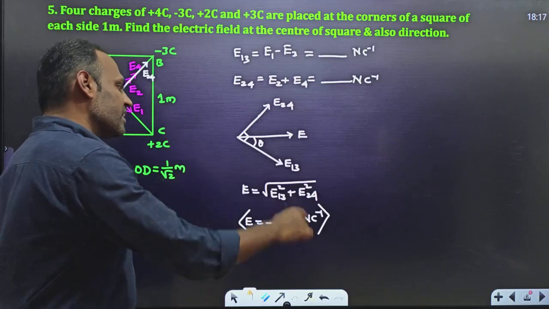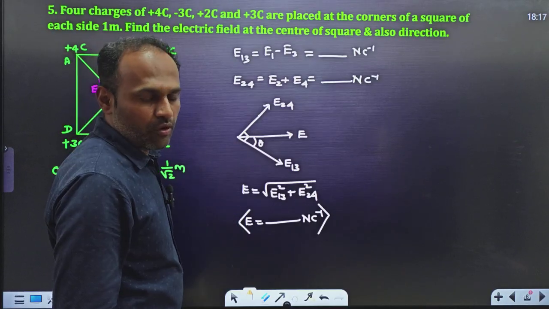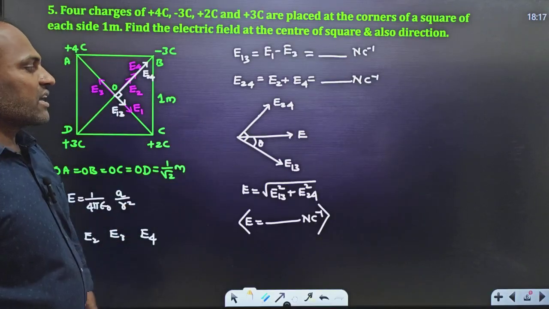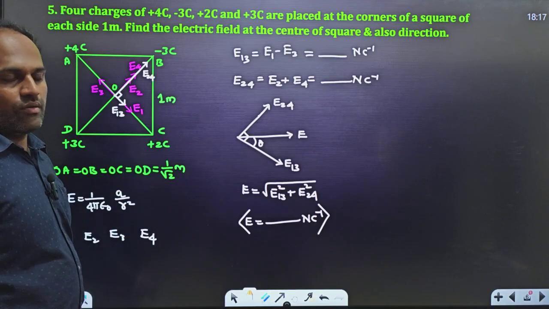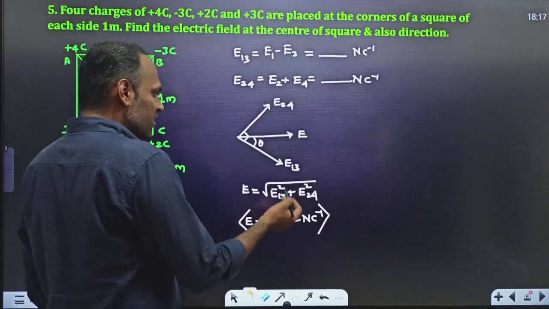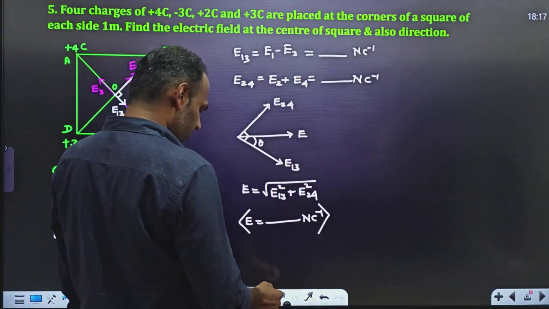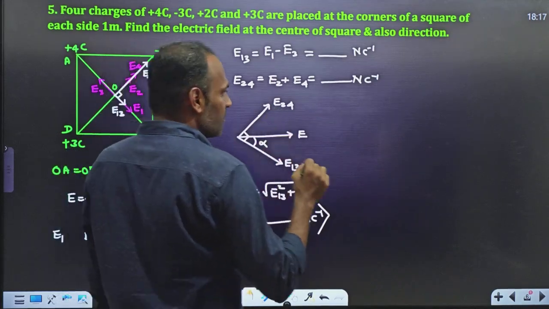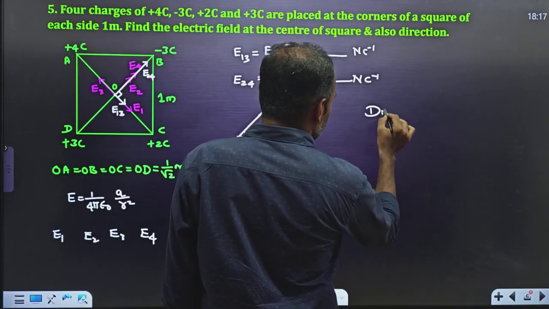Correct? So after taking this angle, apply the formula. Or take it as alpha. Let me take this as alpha. So we have to find the direction.